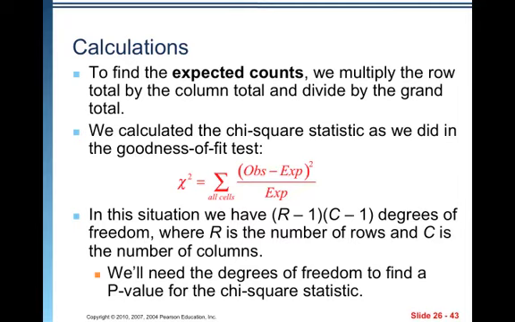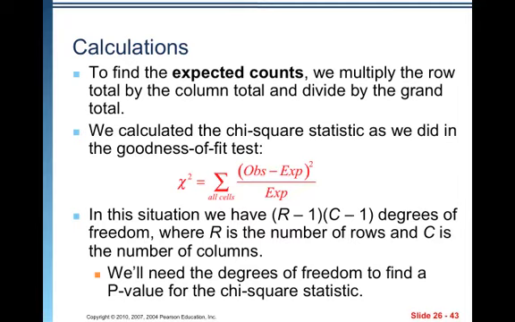The way you get an expected count is for that particular cell, you take the row total and multiply it by the column total and divide by the grand total. And that's how you get the expected count. What you're doing is figuring out, if all things being equal, if you just had one big group, how many individuals would be in that particular cell.